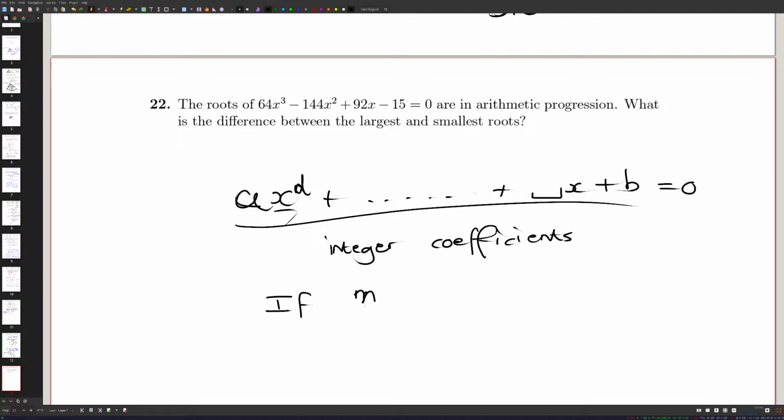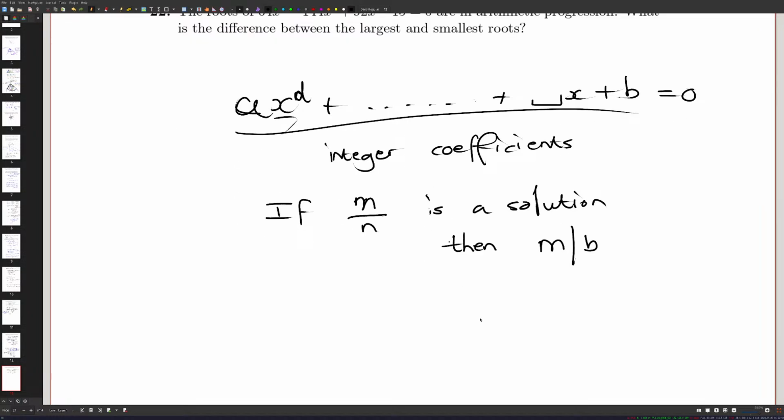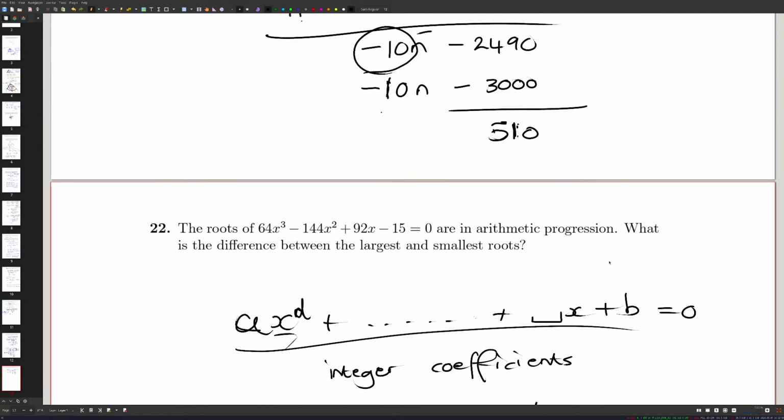If m over n is a solution where m and n are relatively prime, then m is a factor of the constant term of the polynomial, and n is a factor of the leading coefficient. And so you can write out all the possibilities for the rational roots. So we could expect 1 could be a solution, 3 could be, 5 could be, 15 could be, 1 over 2 could be, 3 over 2, 5 over 2, but that's not going to be pleasant.